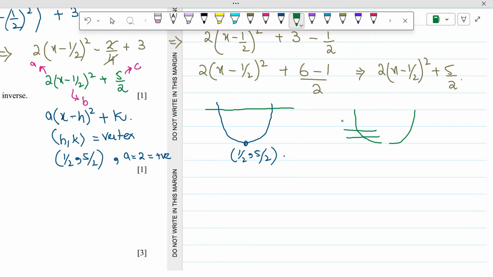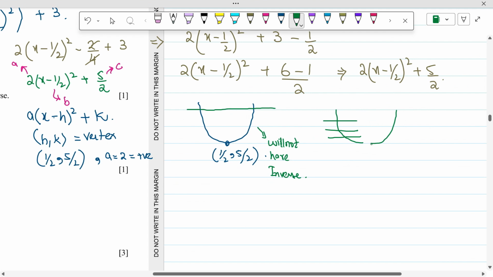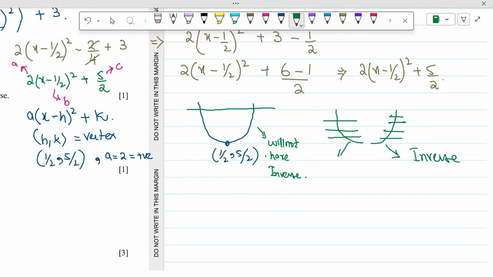The full function will not have an inverse function. On the other hand, if we break the function into two parts, each part will satisfy the horizontal test. So either this one will have the inverse or this one will have the inverse.